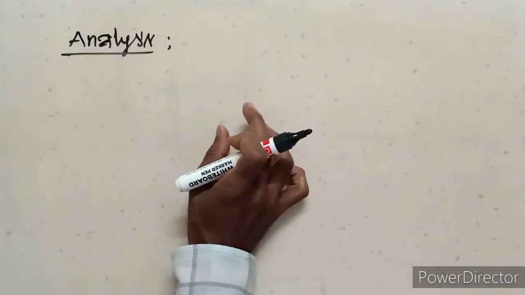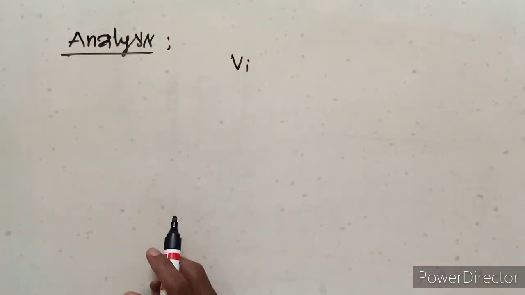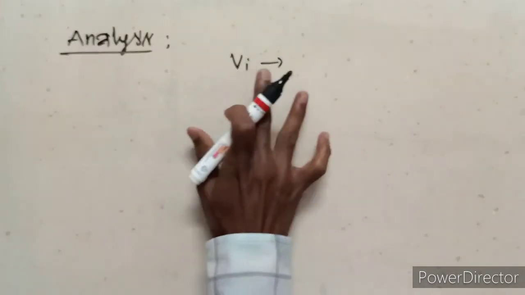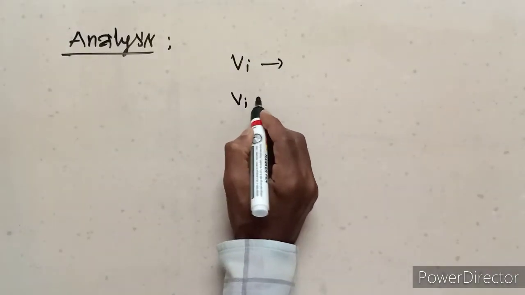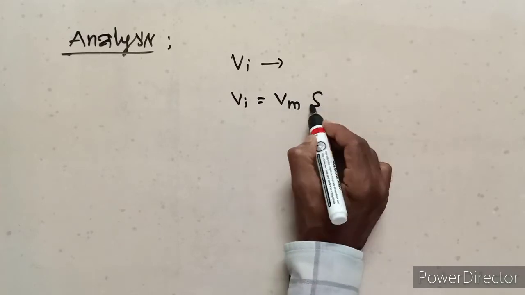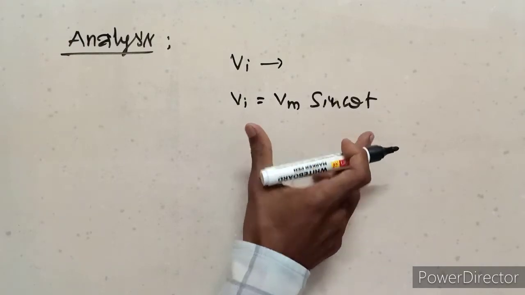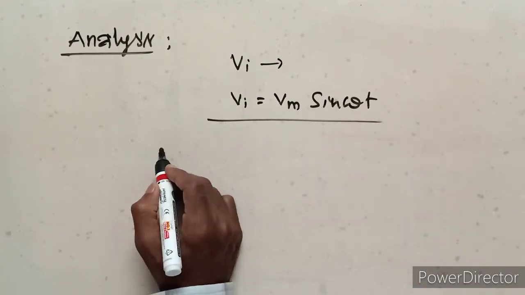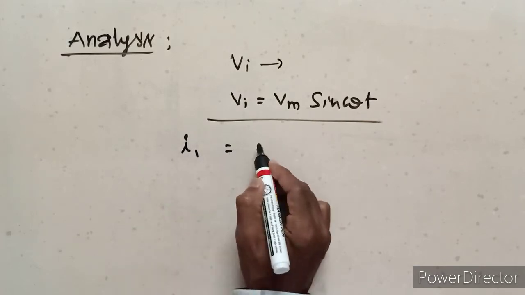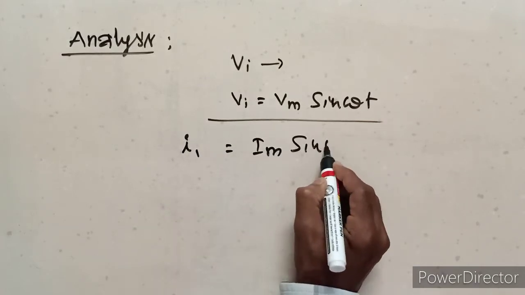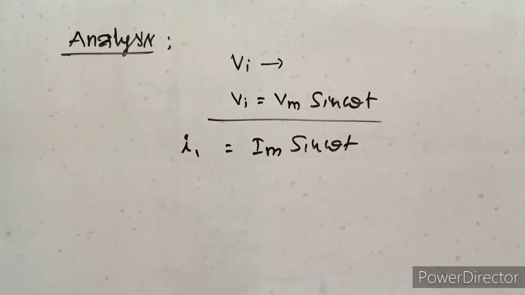So consider the sinusoidal voltage Vi applied as the input of the rectifier, so that Vi equals Vm sin omega t. In the same way, for the current, I1 equals Im sin omega t.